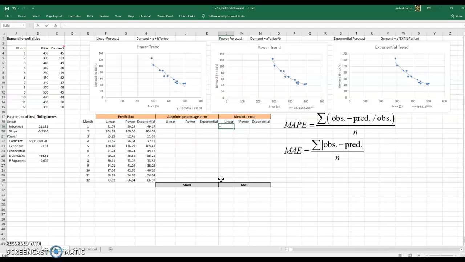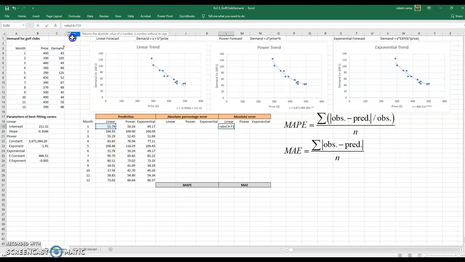Okay, so let's go. We're going to put equals, and the observed one is going to be this one up here. So that's the demand that we're observing, and then we're going to subtract from that what our prediction would be for our linear. If you look at that, it comes out negative. That's because I did not do the absolute function.